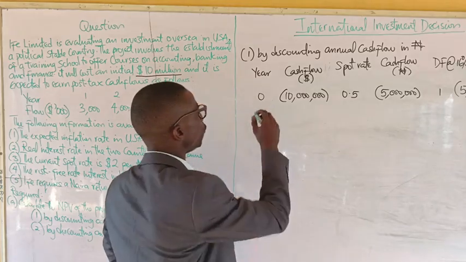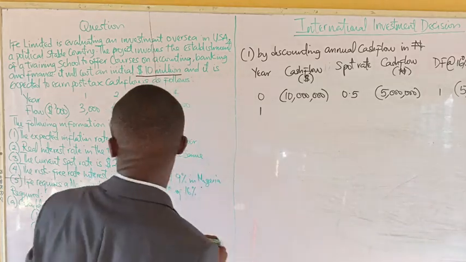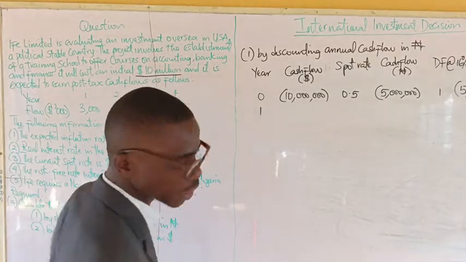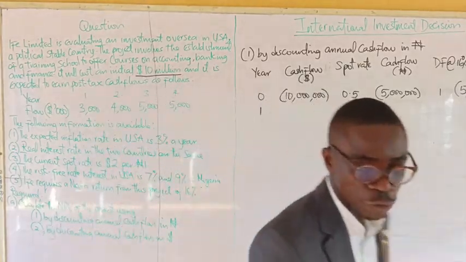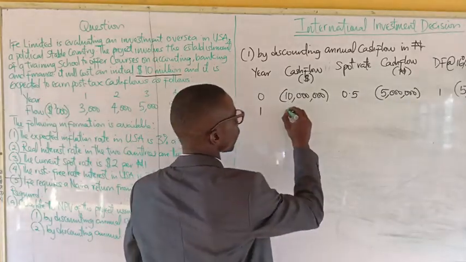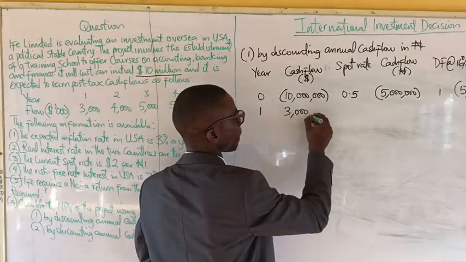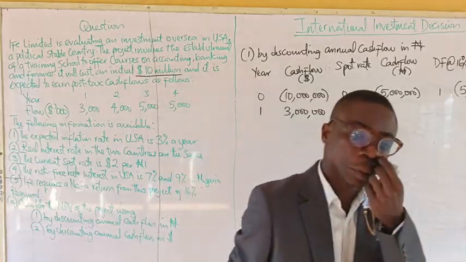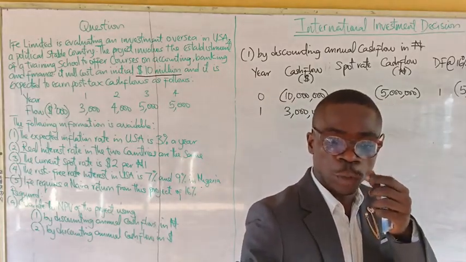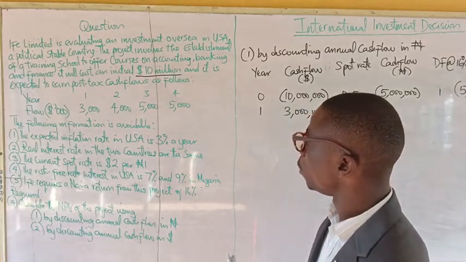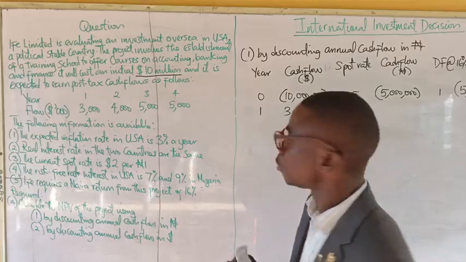Okay. For year 1, what's the cash inflow? 3 million is the question. So do we know the spot rate? We need to calculate it now.